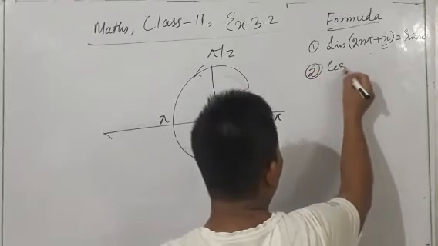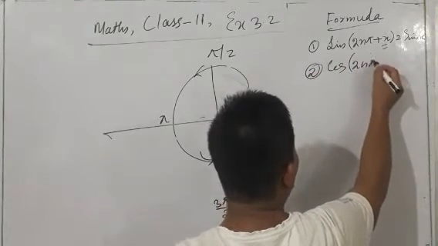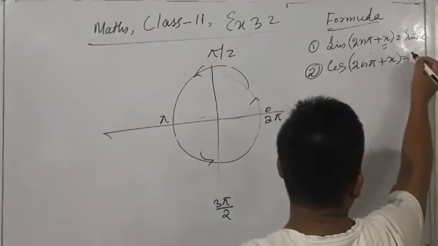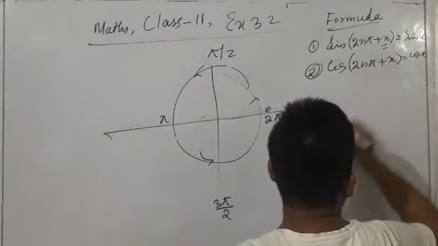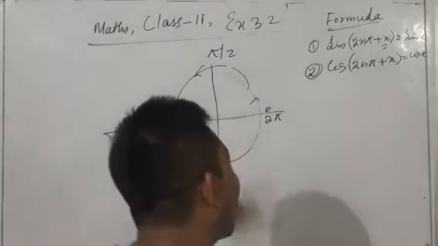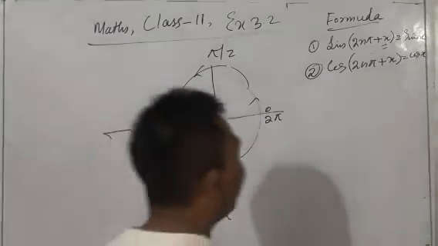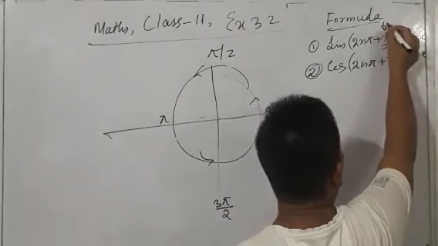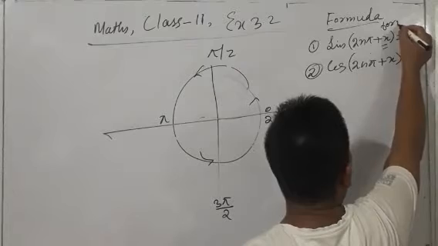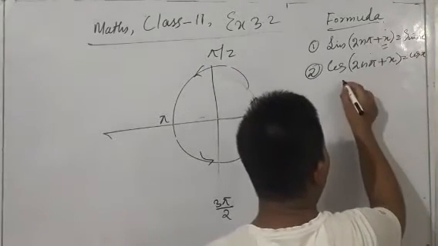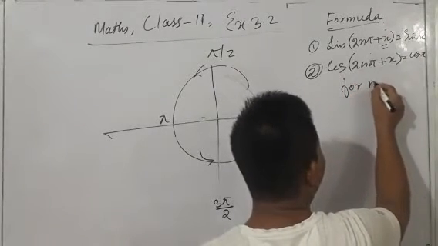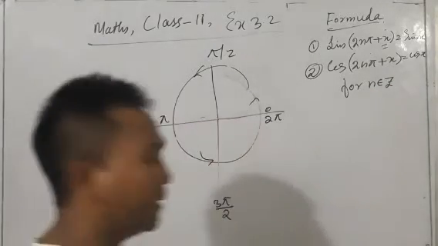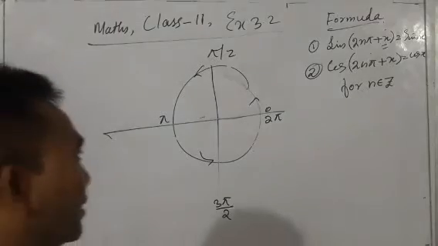number 2, that is cos of 2n pi plus x equals what? Cos x. For n belongs to Z. What is that? Z is the set of integers. Yes or no?